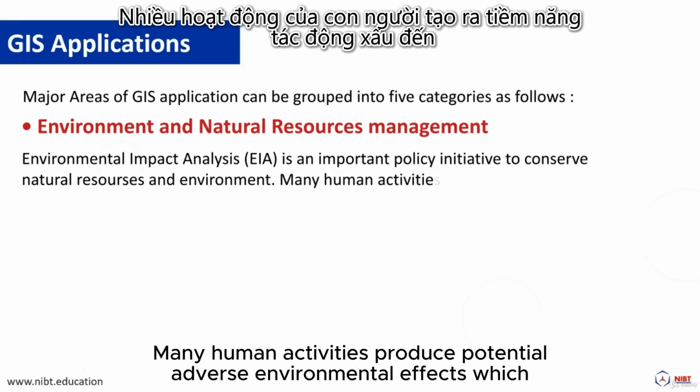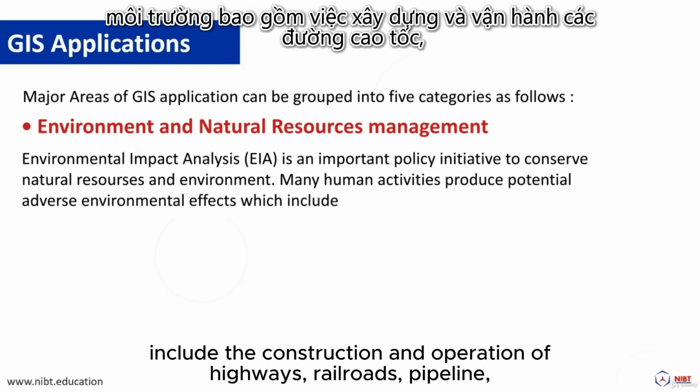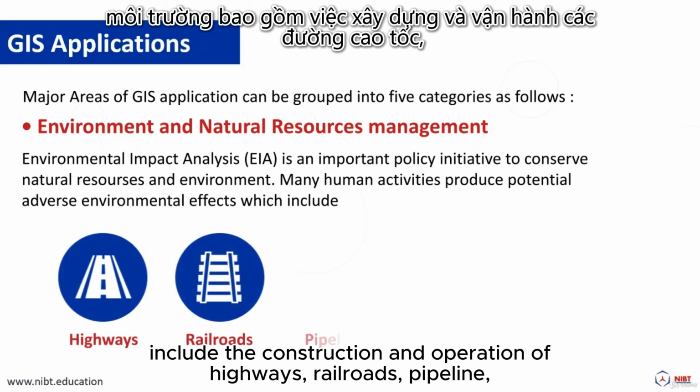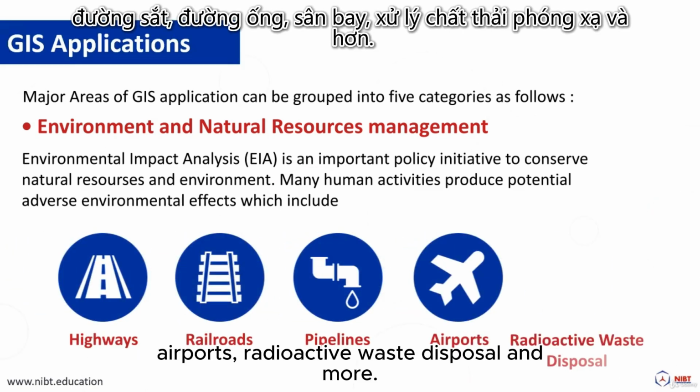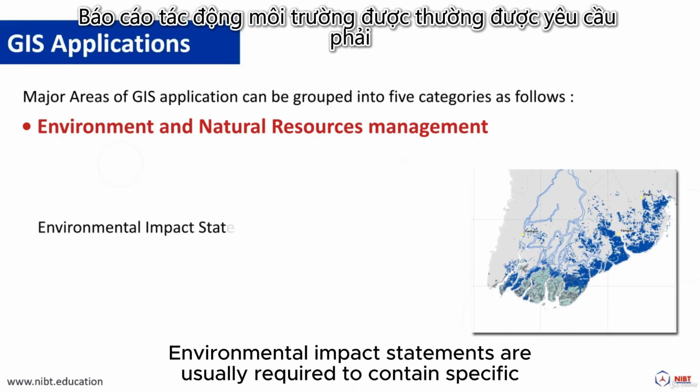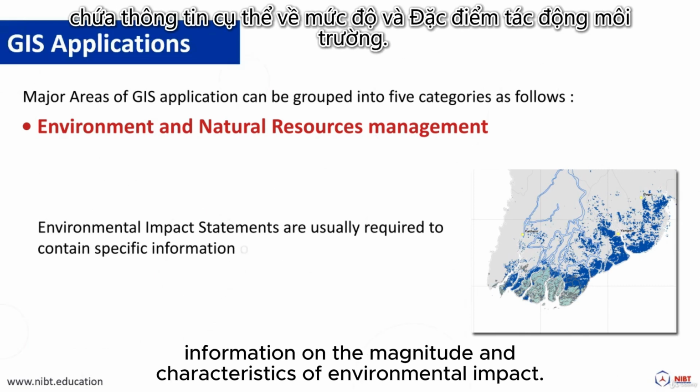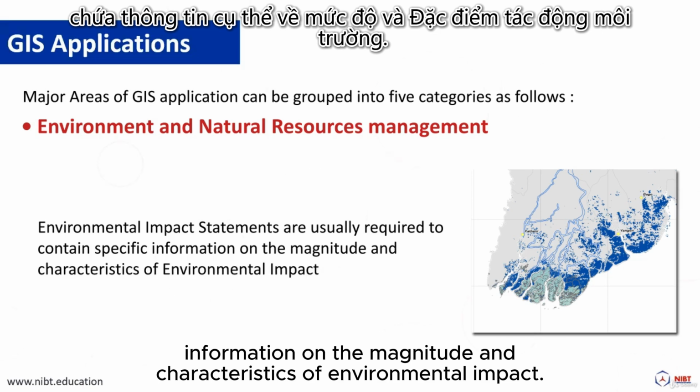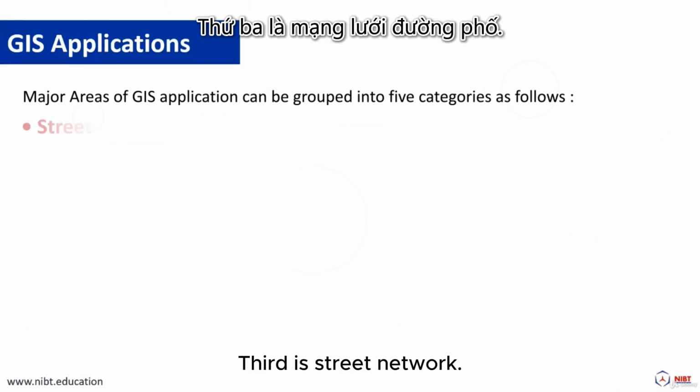Many human activities produce potential adverse environmental effects which include the construction and operation of highways, railroads, pipeline, airports, radioactive waste disposal and more. Environmental impact statements are usually required to contain specific information on the magnitude and characteristics of environmental impact. Third is street network.